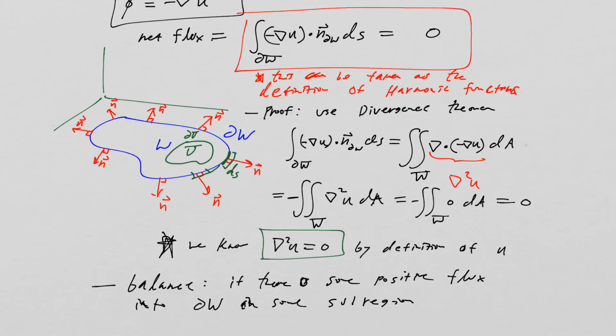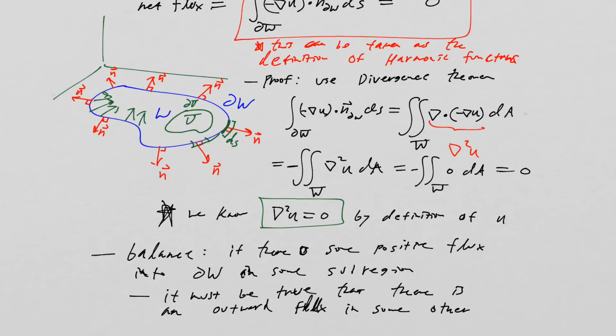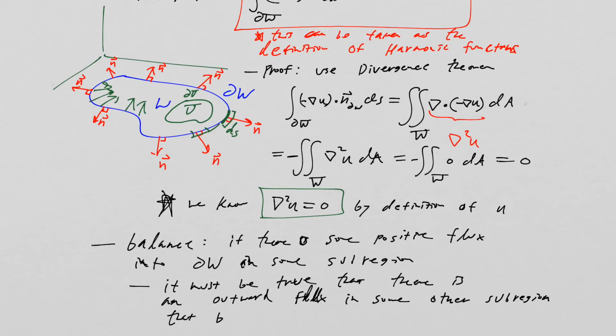So, for instance, if I have stuff going in, if I have flow going in one subregion, then it must be true that there is an outward flux in some other subregion that balances perfectly.